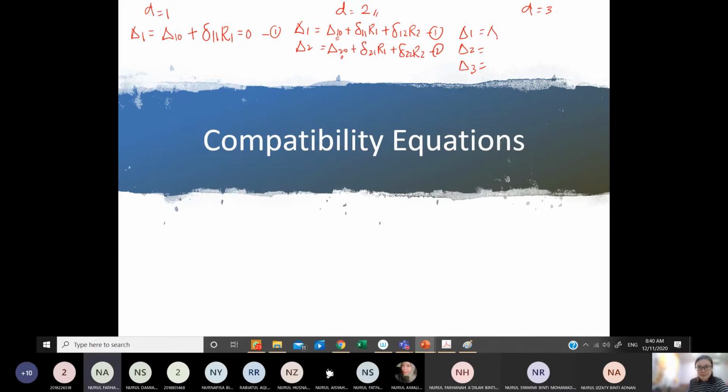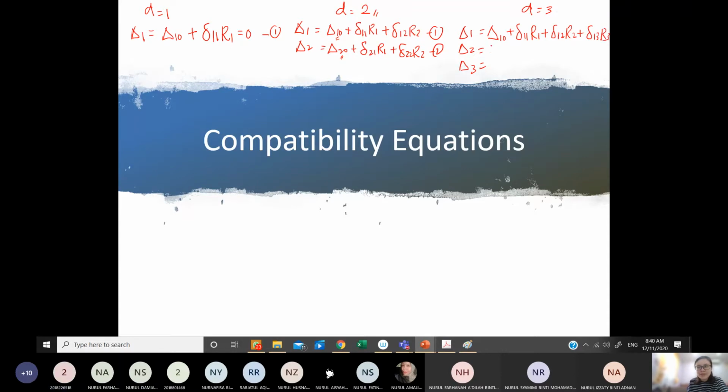Start with delta 1 naught, yes, and then delta 1 1 r1 plus delta 1 2 r2 plus delta 1 3 r3. That's great. You can write it.